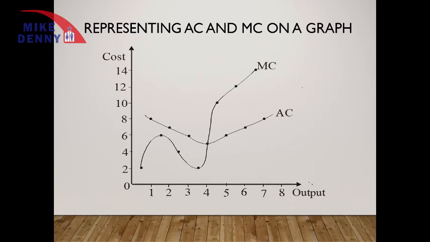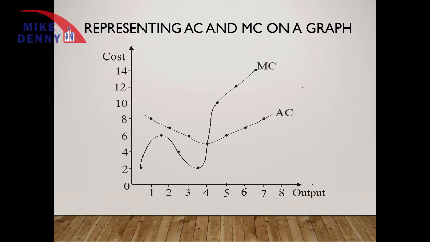So these are the points for the marginal cost. And as a reminder, you plot them at the midpoints. So you link the points with a smooth curve to have the marginal cost graph.